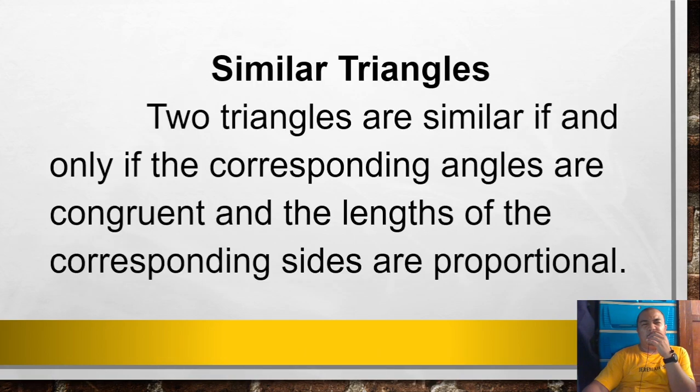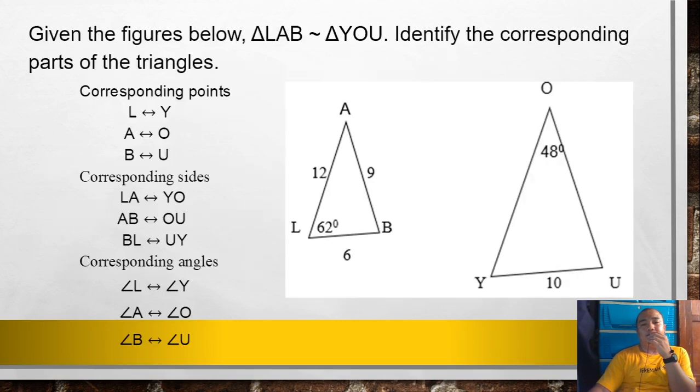For similar triangles, two triangles are similar if and only if the corresponding angles are congruent and the lengths of the corresponding sides are proportional. Now given the figures below, triangle LAB is similar to triangle YOU. What are the corresponding vertices?